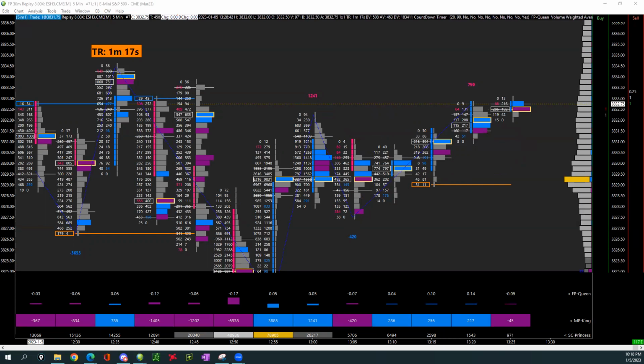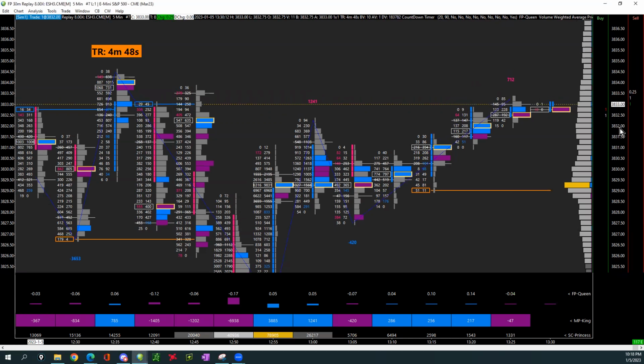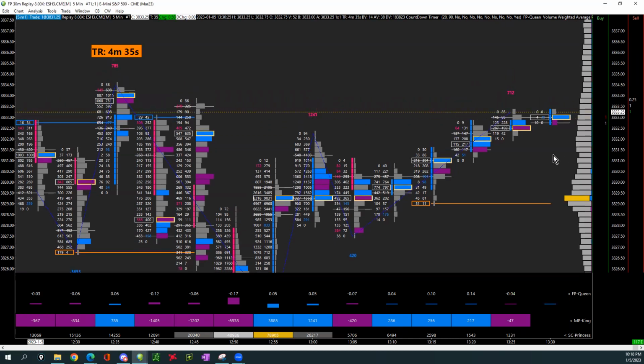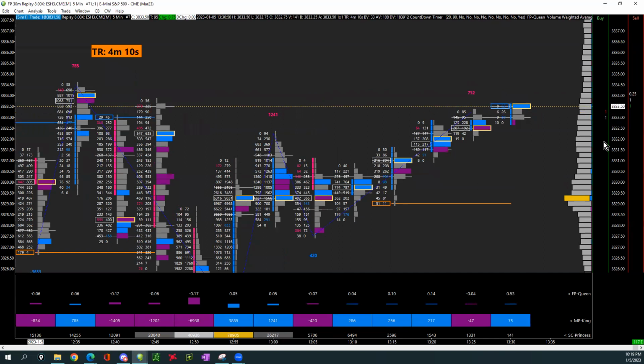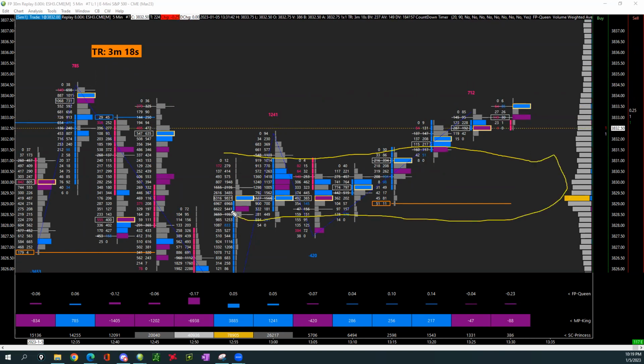Buyers are still strong. See how buyers continue to absorb and push the price up, up, up. So this is going to be a strong support right here, very strong support. Anytime it gets back, see, it's going to come back for sure.